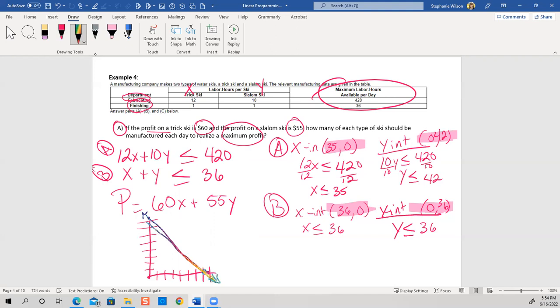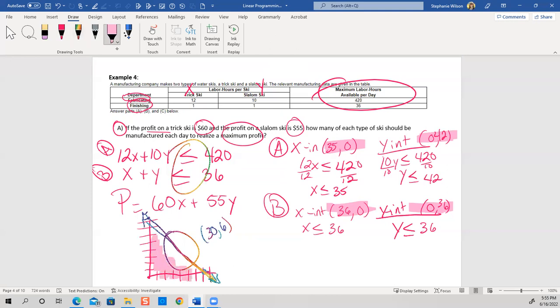And again, you're going to get better, more accurate points if you use a graphing calculator. Somewhere in here they crossed. Whenever you look at the graphing calculator, we're actually going to see that it's going to be (30, 6). Also, we notice that these are both less than, so they're both facing the same direction.